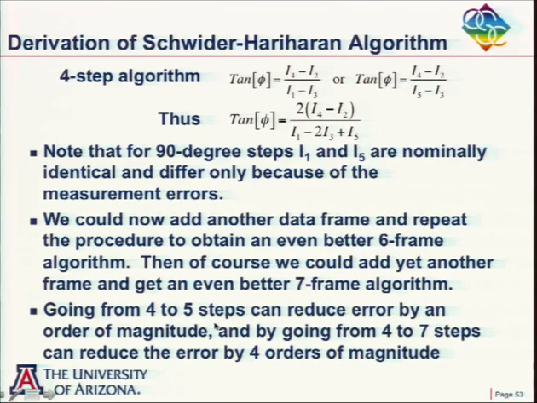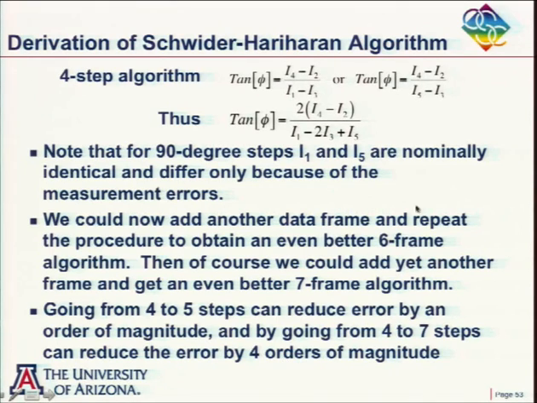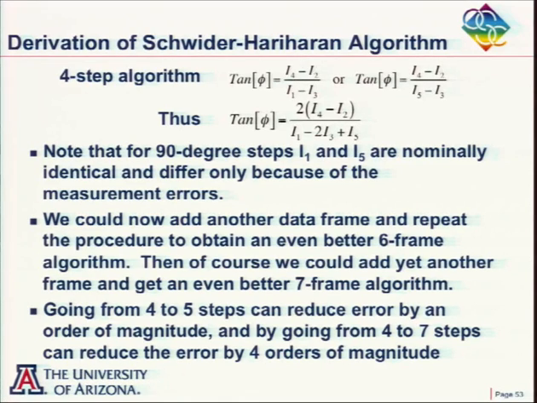And some people do. But if you go through these notes that I keep talking about, going from 4 to 5 reduces the error by an order of magnitude, and going from 4 to 7 reduces the error by 4 orders of magnitude. And so we could go from 7 to 8, and 8 to 9, and 9 to 10, and so on. By the time you get to 7, you really have reduced the error by a tremendous amount.